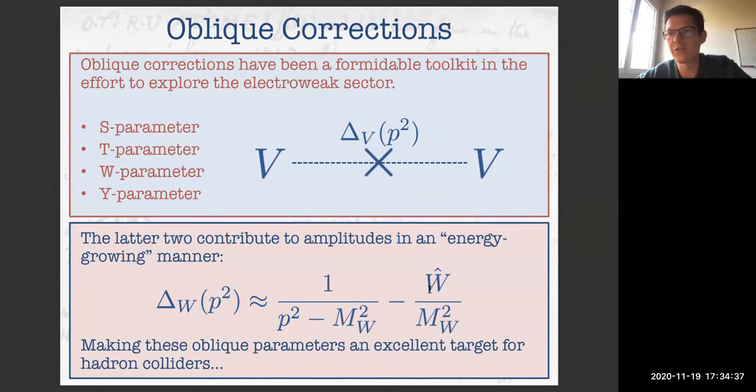And this generates what looks like contact interactions. And indeed, if you change effective field theory basis to eliminate these operators, what you will generate is a bunch of contact operators between things like fermions and so on.